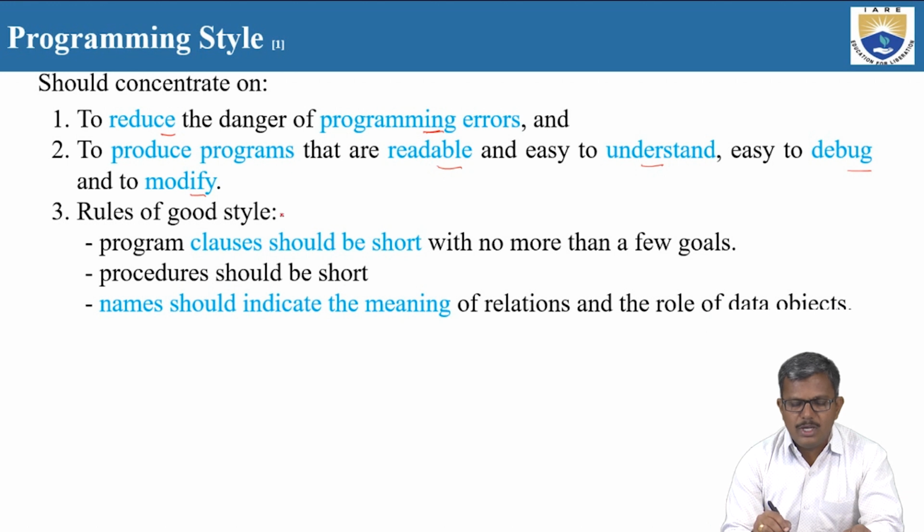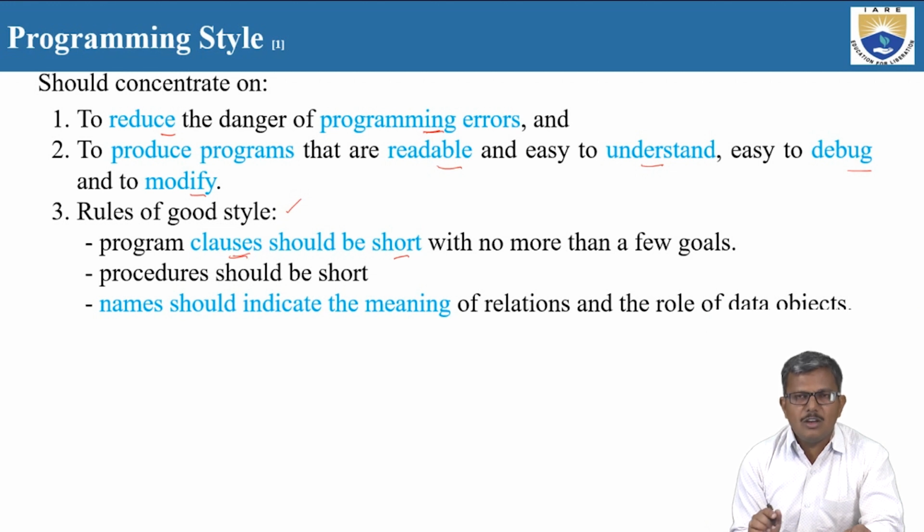And coming to the rules, how can we say that it is a very good programming style? Your clauses, meaning whatever statements you are writing in the Prolog program, need to be very short. You need to include few goals in each and every clause. You cannot keep all the rules in a single clause.